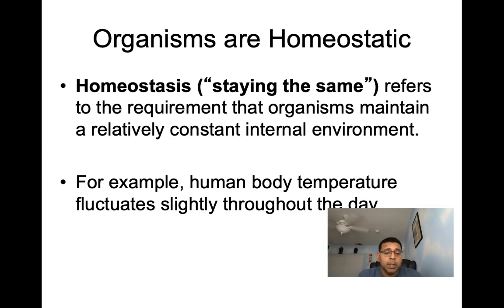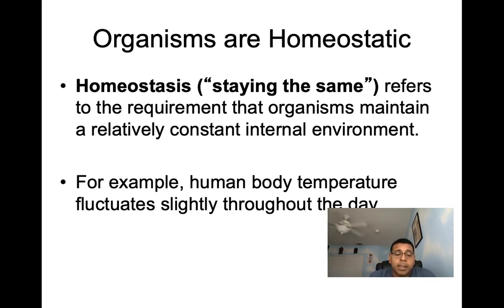Next, we'll see organisms are homeostatic. Homeostasis means staying the same. Homeostasis basically refers to the requirement that organisms maintain a relatively constant internal environment while the external environment is changing.